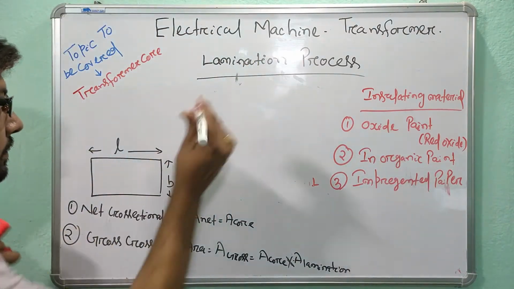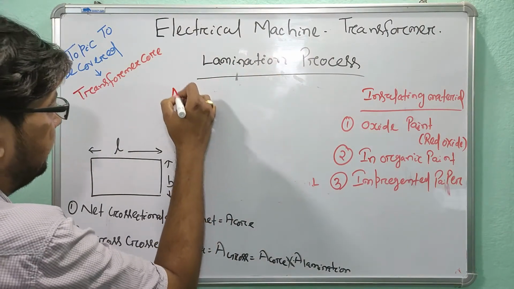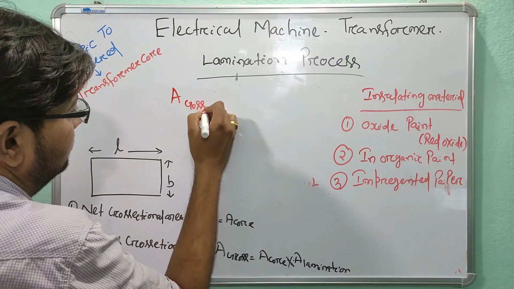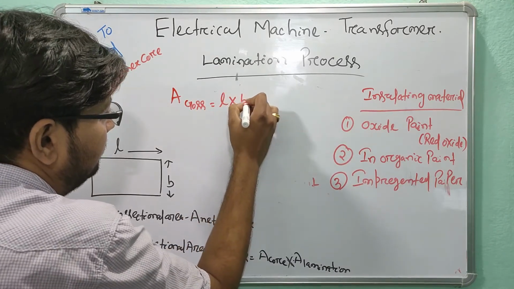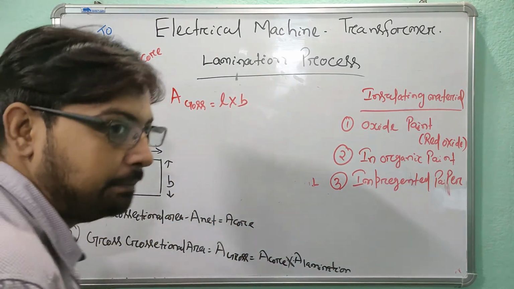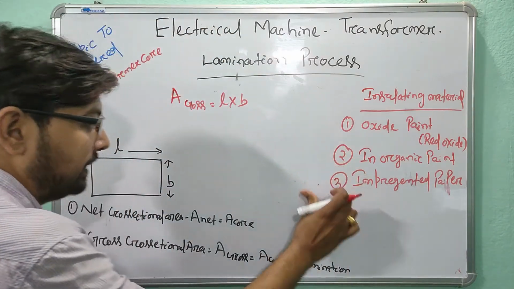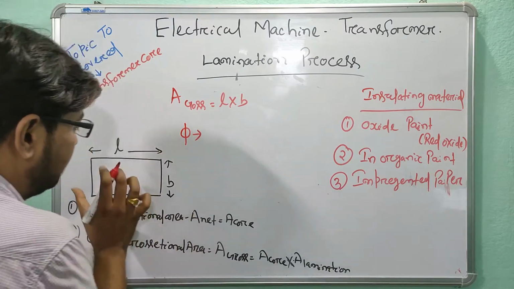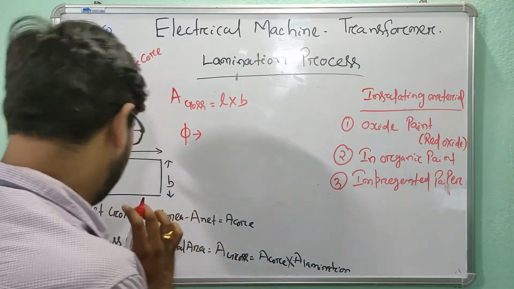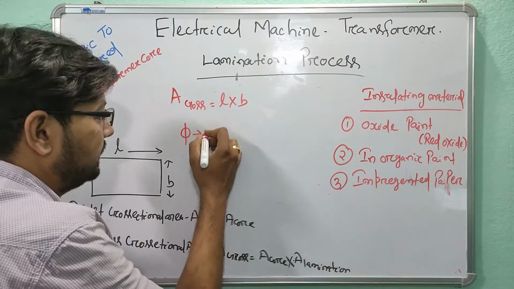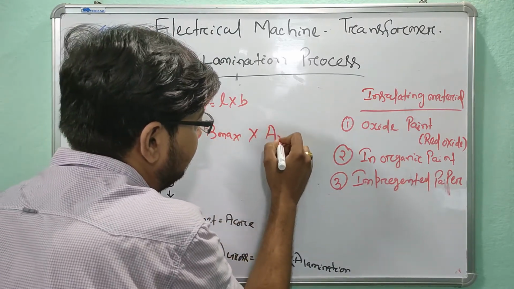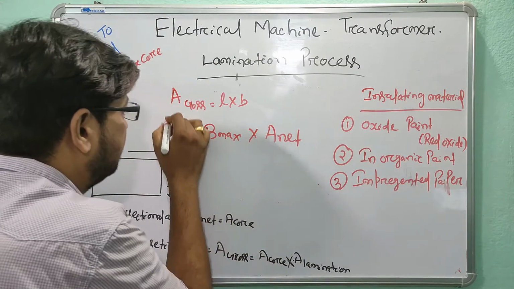So A gross is equal to L into B, that is length into breadth. But the flux phi flows in the net cross sectional area, that is B max into A net.